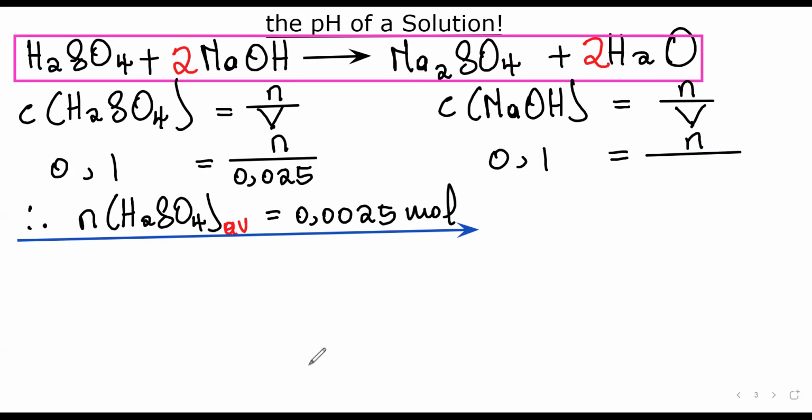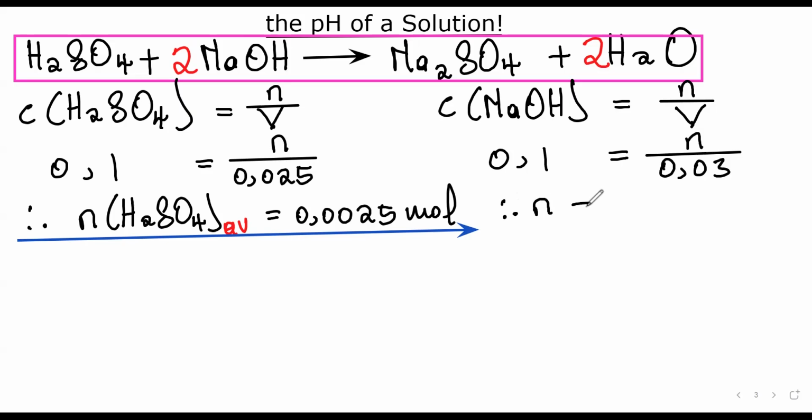The volume of the base is given to us as 30 cubic centimeters, which if we convert to cubic decimeters by dividing by 1,000, we simply get 0.03.